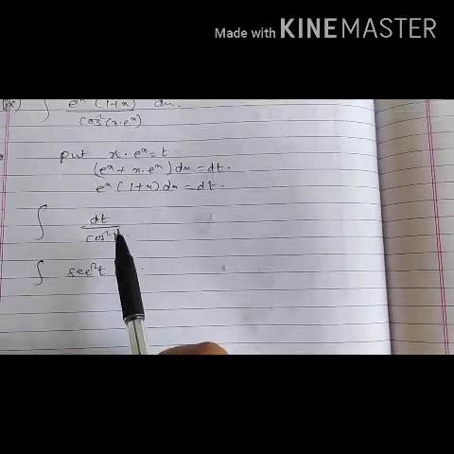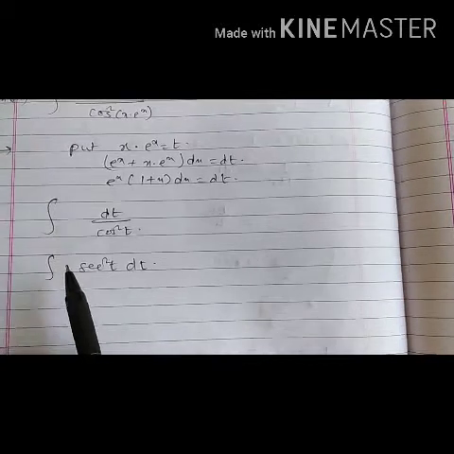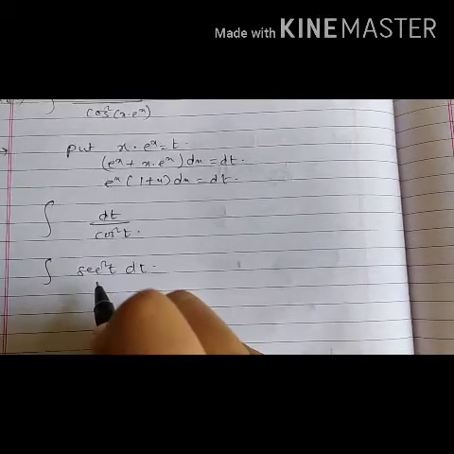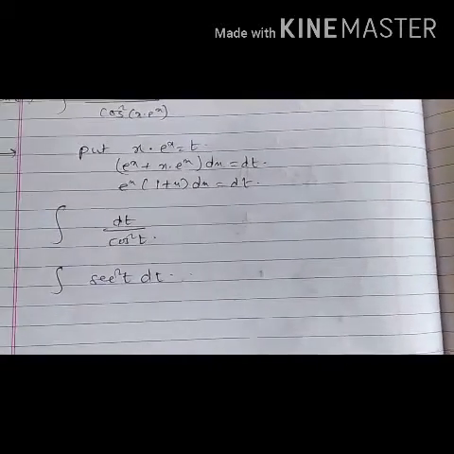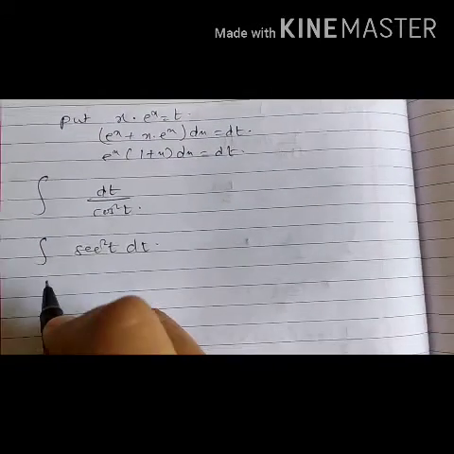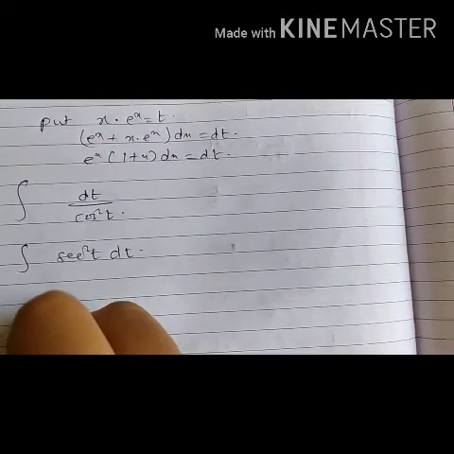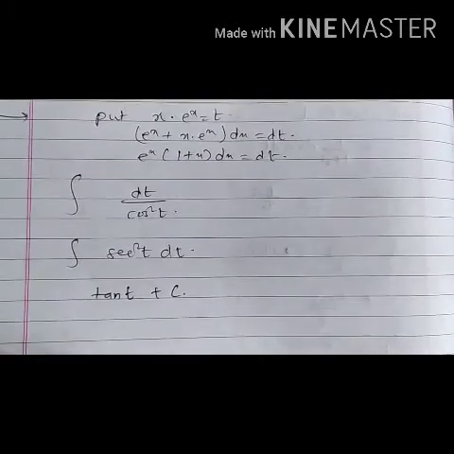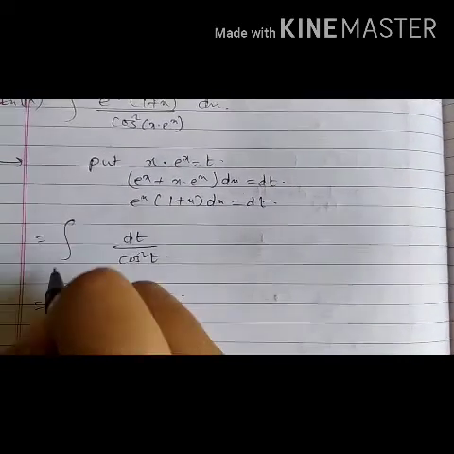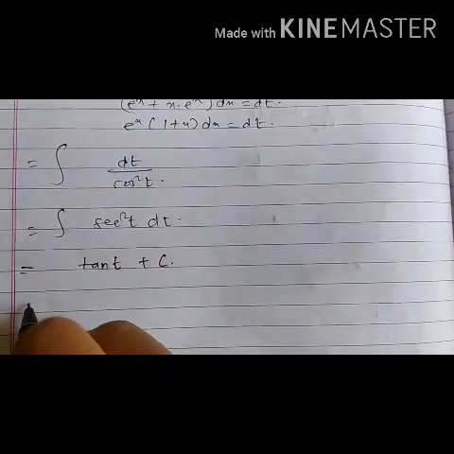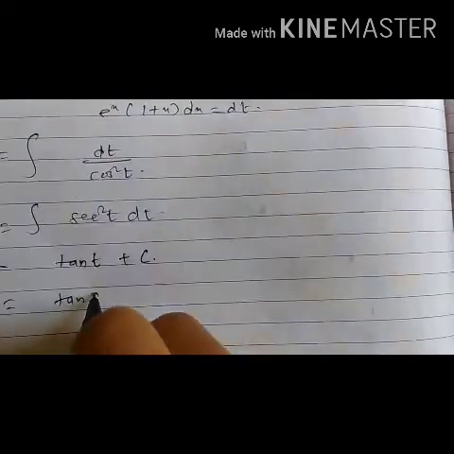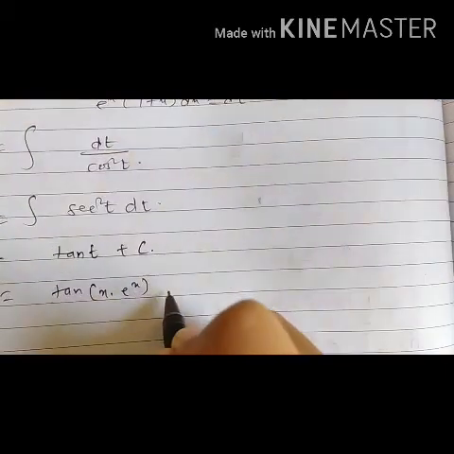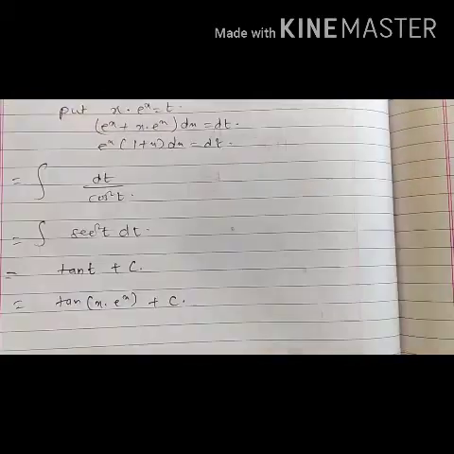So in the next step it will be integration of sec square t dt. Now we know that integration of sec square t is equal to tan t plus constant of integration. Now after resubstituting the value of t, it will be tan of x into e raised to x plus constant of integration. Understood?